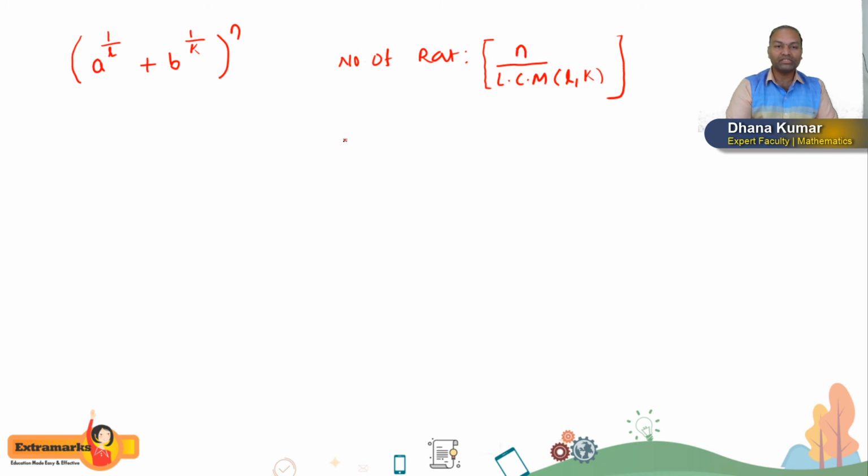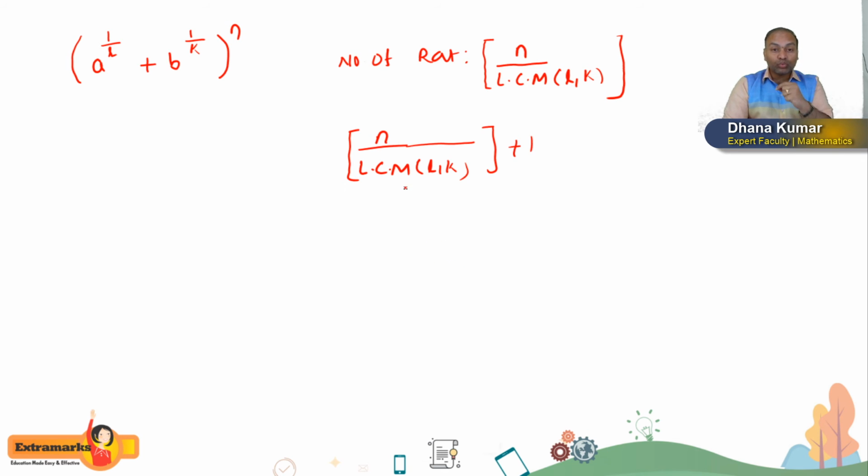Otherwise, it is step of n by LCM of L comma K plus 1. When will we use this plus 1 part? When at least one of L comma K is a factor of n. At that time you write plus 1. Otherwise, if none of them is a factor of n, then use the first formula.